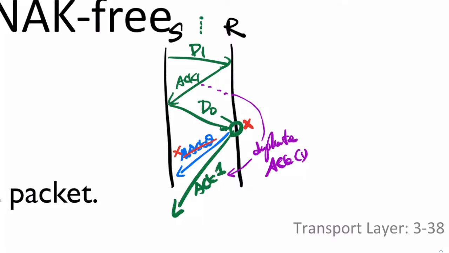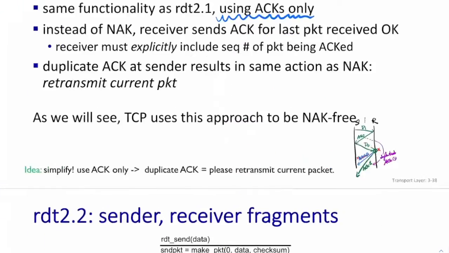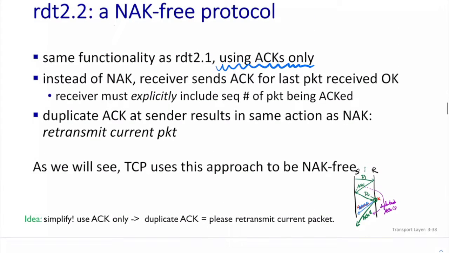When the sender receives such an ACK1, it knows that the sender expects to receive ACK0 at this moment, but it received ACK1, which is a duplicate ACK, right? So we use the duplicate ACK to replace the negative acknowledgement. Instead of using NAK, the receiver sends an ACK for the last packet received OK.